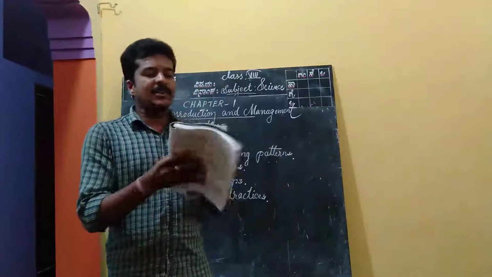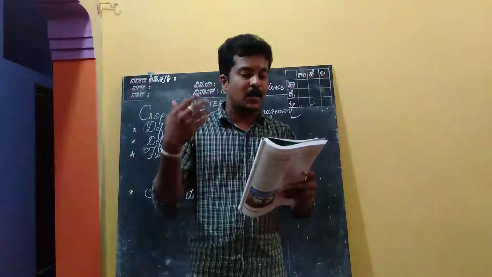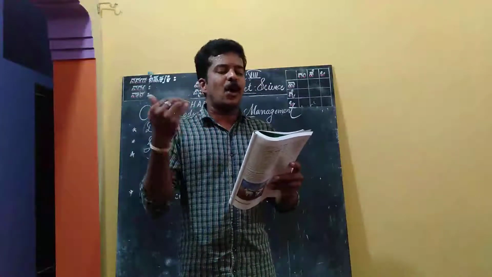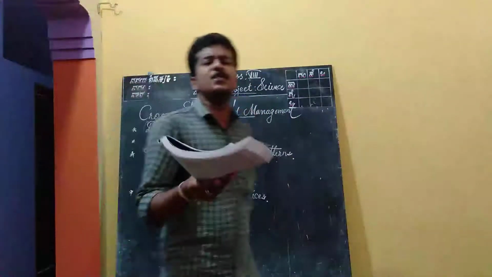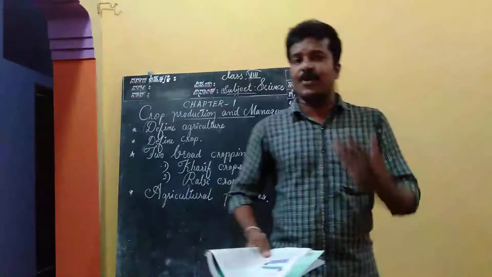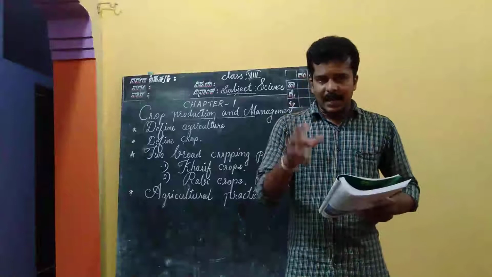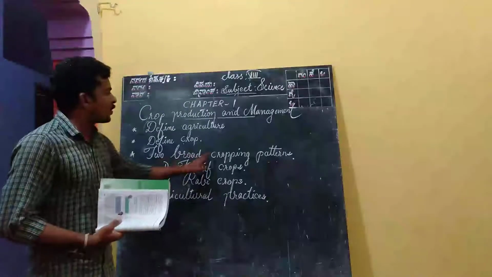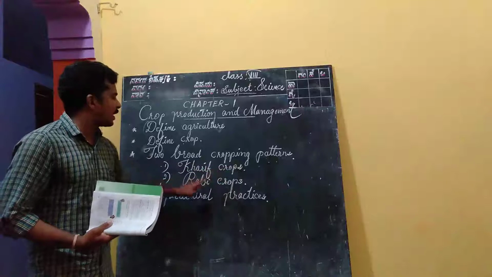Accordingly, there is a rich variety of crops grown in different parts of the country. Despite this diversity, two broad cropping patterns can be identified. As I told you, due to these problems, unavailability of rain, temperature and humidity, in India there are two broad cropping patterns, and they are kharif crops and rabi crops.